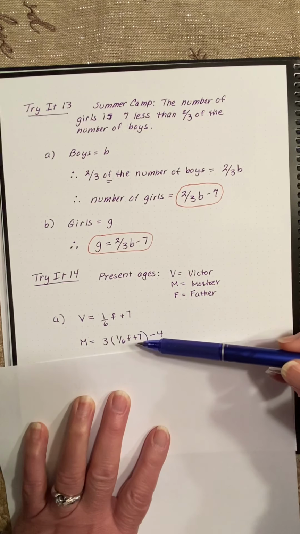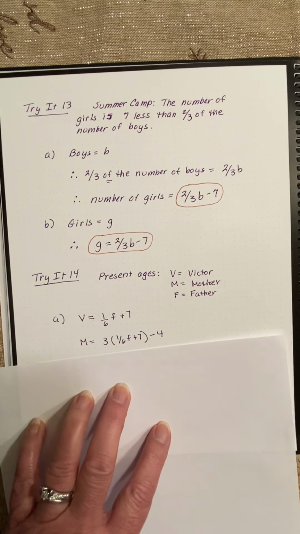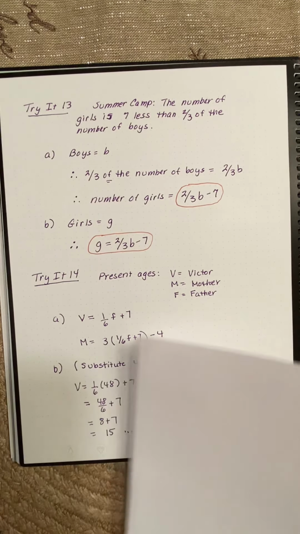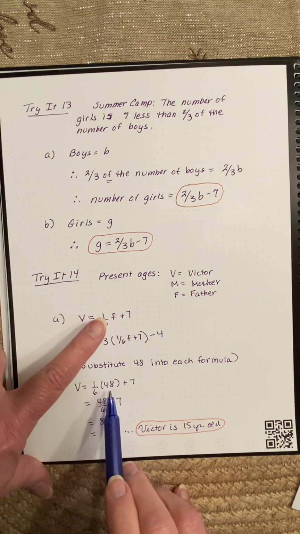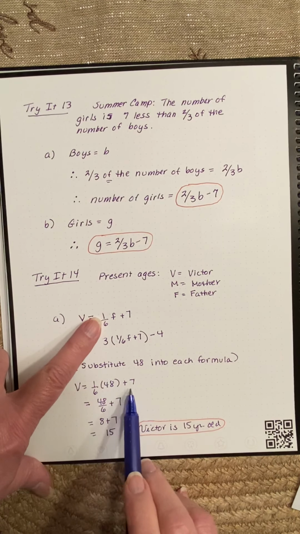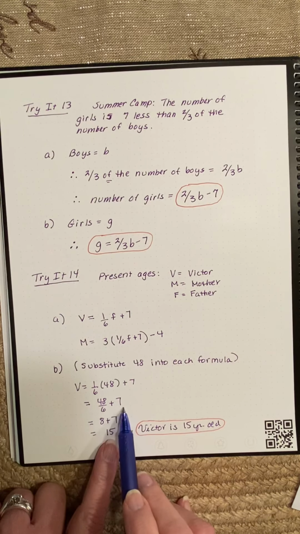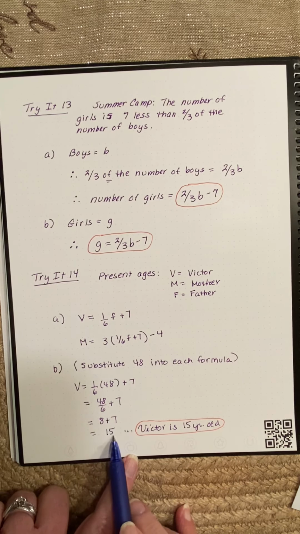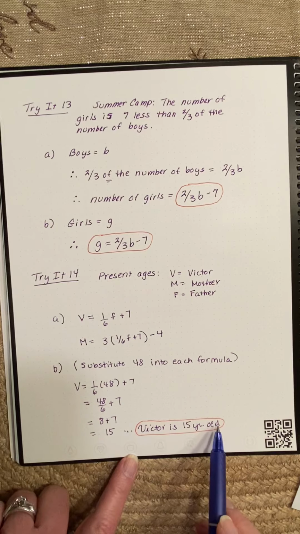I'll do it exactly as written, but then at the end I need to explain one more thing. So substitute 48 into each formula. First of all, Victor: take 1/6 F, which is 48, plus 7. So 1/6 of 48 is 48 divided by 6, which is 8, plus 7, 15. Victor is 15 years old.